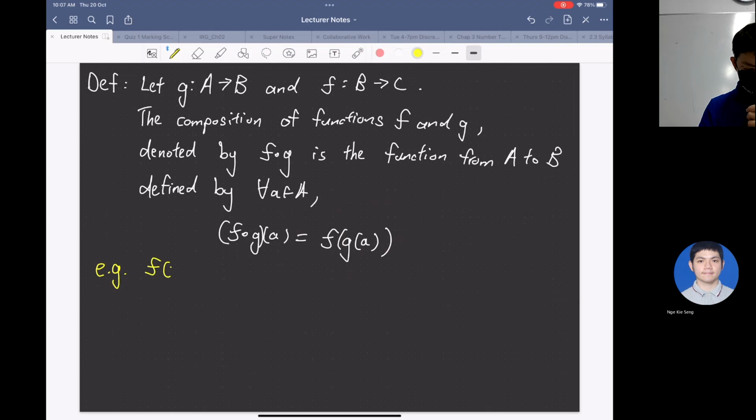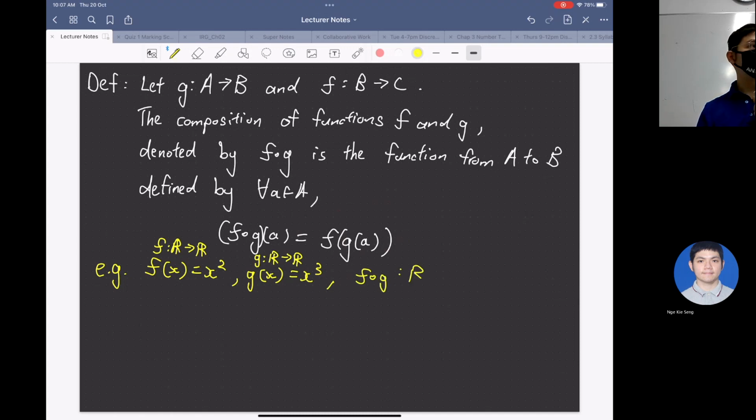For example, just now we have this x squared and x cubed. We can combine these two because they are going from R to R and then R to R again. So if we consider f compose g, we will have R to R again.